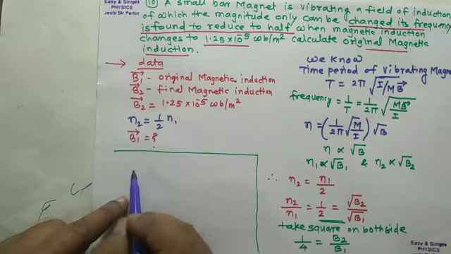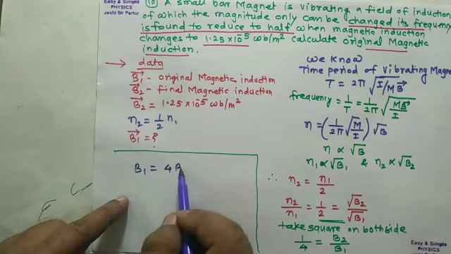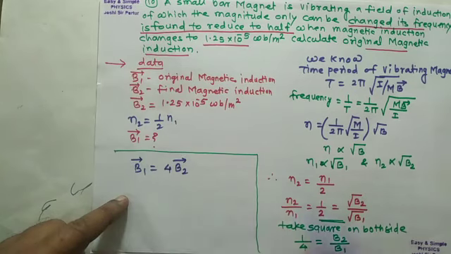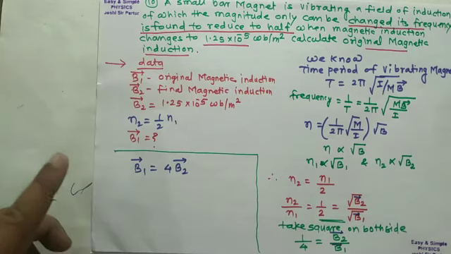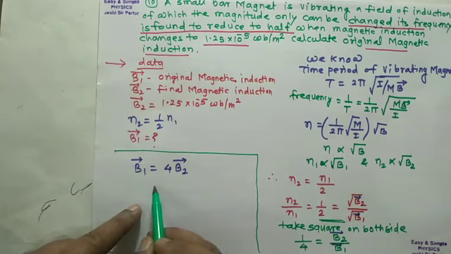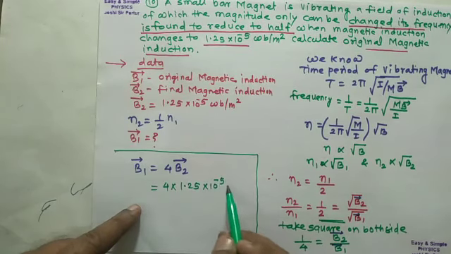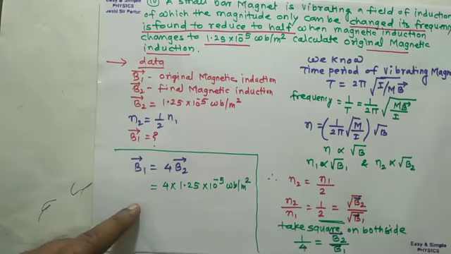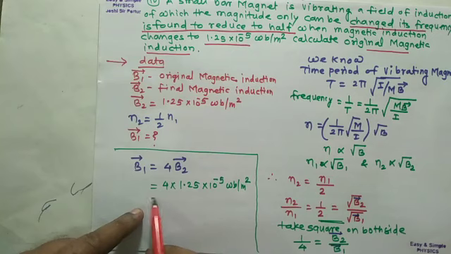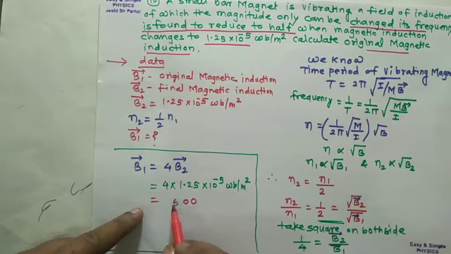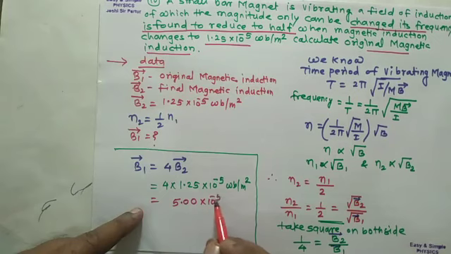So B1 is equal to 4 times B2, or vector B1 is equal to 4 times vector B2, and we know the value of vector B2, so 4 into 1.25 into 10 to the power minus 5 Weber per meter square. That is 5 into 10 to the power minus 5 Weber per meter square.